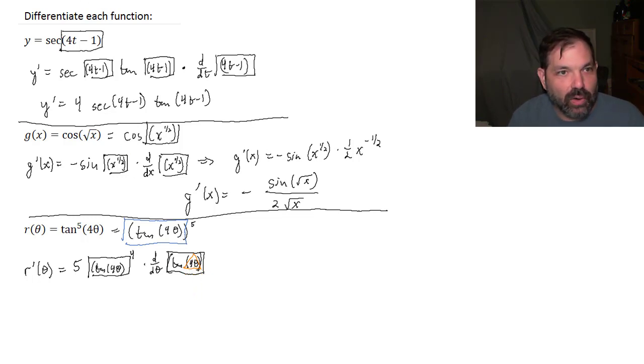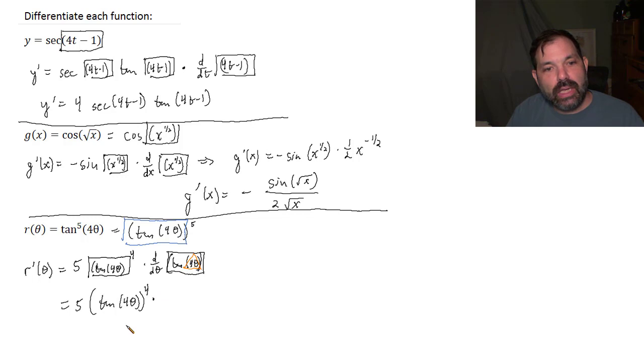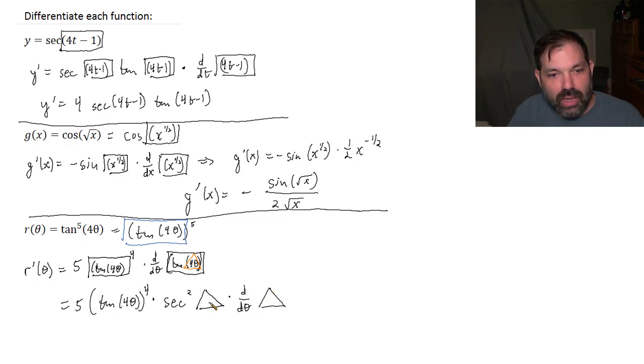So what do we have so far? We have 5 times tangent of 4 theta to the 4th power. Then the derivative of the tangent function is secant square, so I'd have secant square triangle times the derivative with respect to theta of triangle. And again, what's in the triangle is 4 theta.